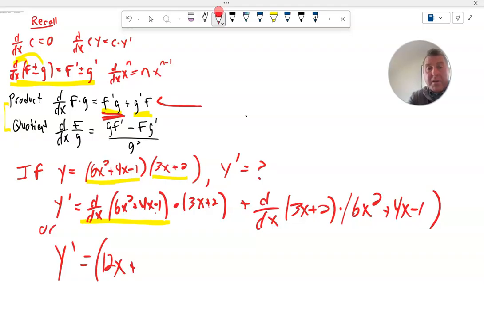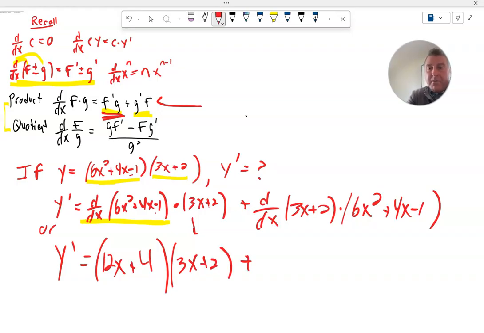So the derivative of 4x, the slope of the function y equals 4x, is always 4. And of course the derivative of 1 is 0. So here's my derivative, 12x plus 4, of the first f piece of this product. And that gets multiplied by regular old g, 3x plus 2.